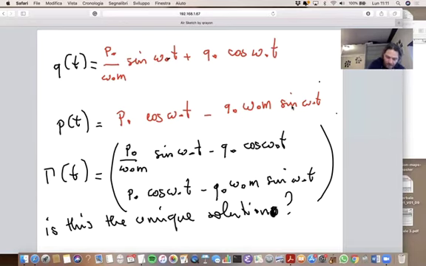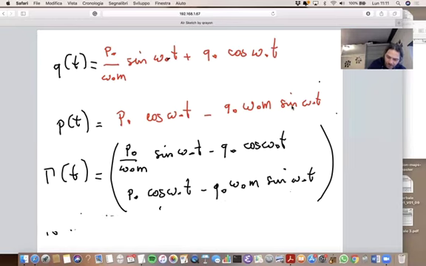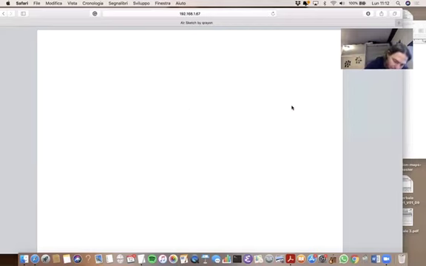Oh, let me write the questions on a different page. Two questions emerge. Question number one, is there a unique solution?